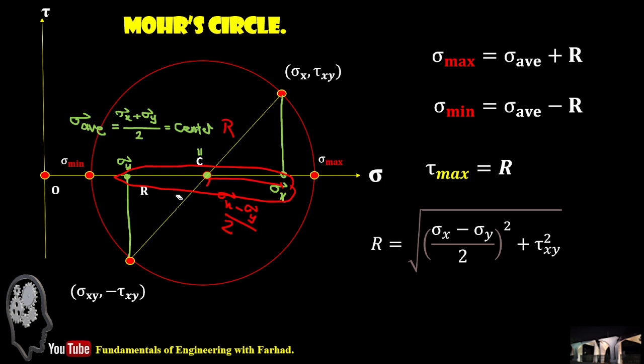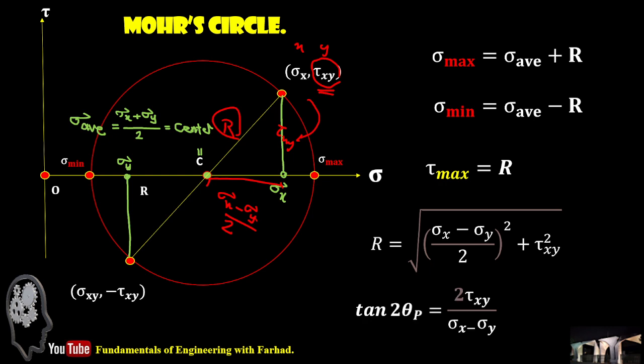If you divide it by 2, it just gives you this part. And this is tau xy, because this is x and y, and our y is nothing but tau xy, which is provided here. So our hypotenuse is the square root of sigma x minus sigma y over 2 squared plus tau xy squared, which gives you the radius. Then you can easily calculate sigma maximum or sigma minimum.